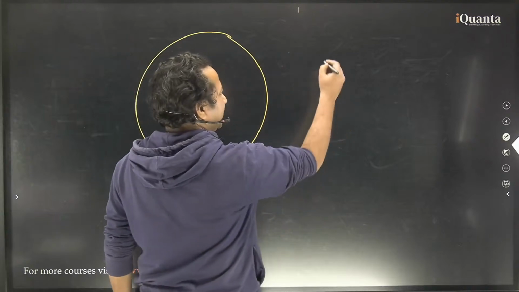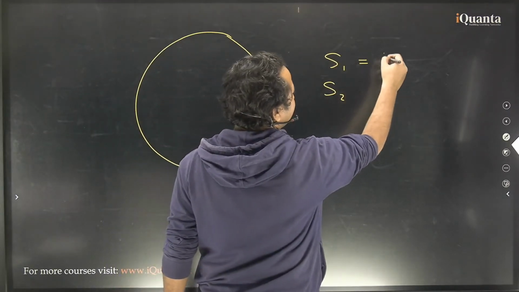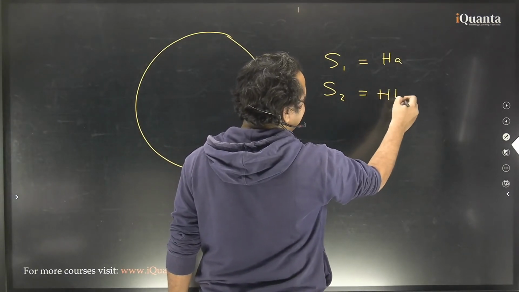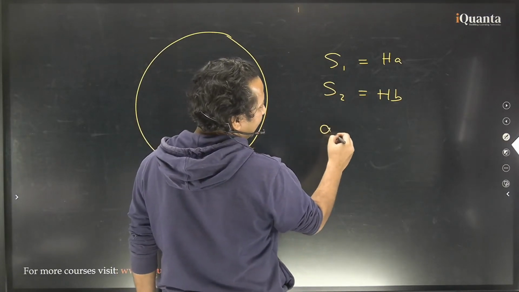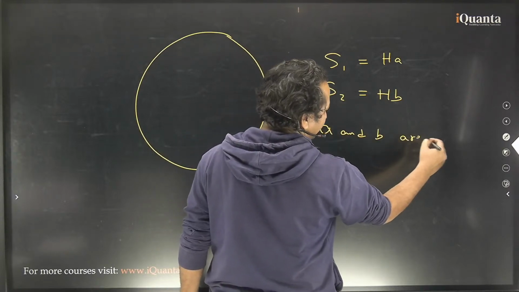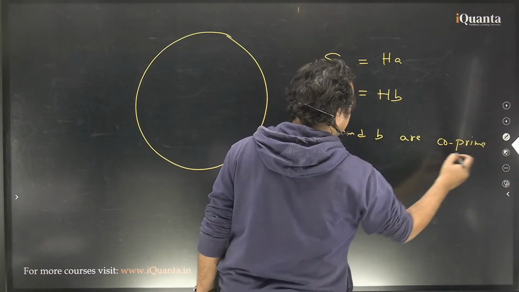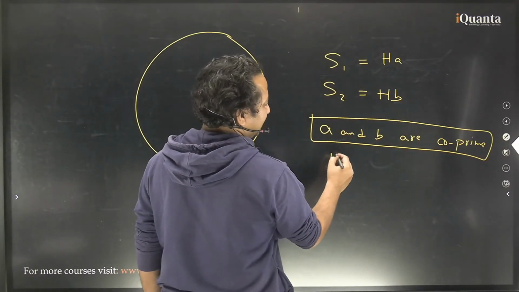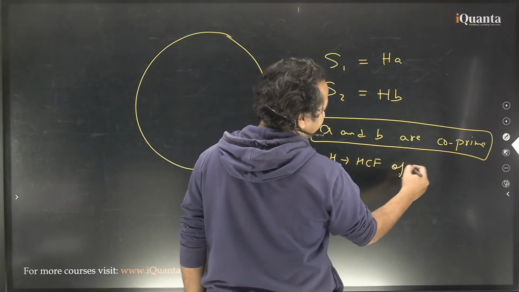So the two people with speeds s1 and s2, let us say that s1 is equal to ha and s2 is equal to hb, where a and b are co-prime to each other. All right, you get this? A and b are co-prime, and h is the HCF of S1 and S2.